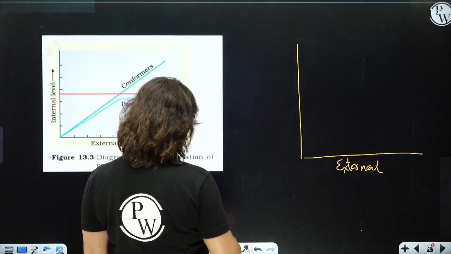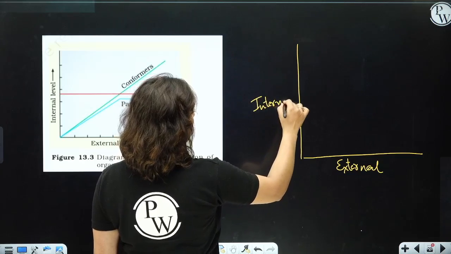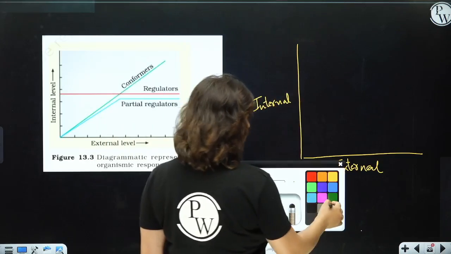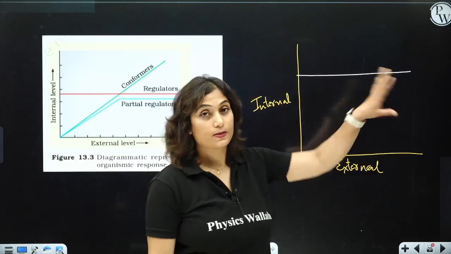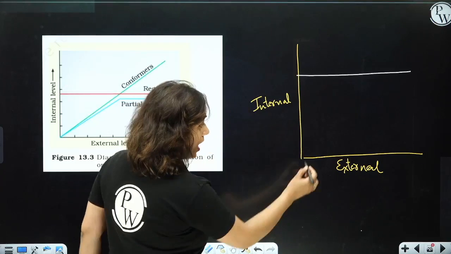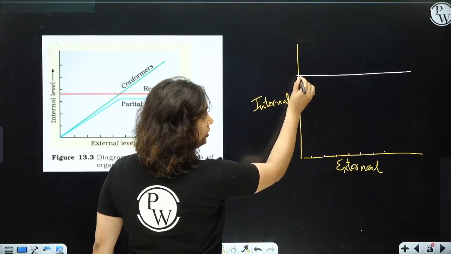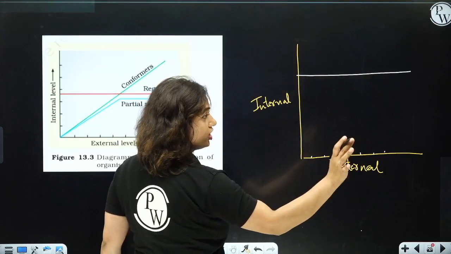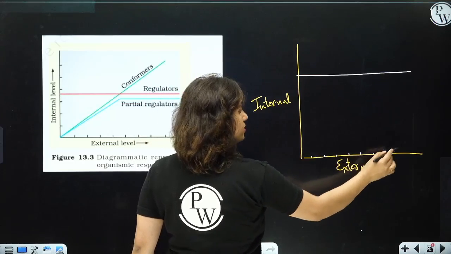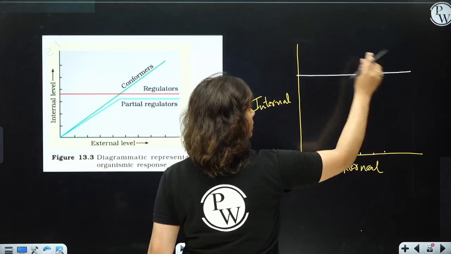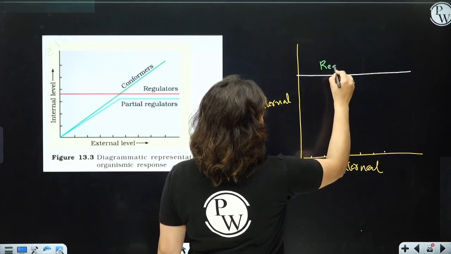On the y-axis, internal environment is given. If I draw the line like this, I am changing the external environment, but the internal environment is not changing. It is constant. That means this is a regulator.